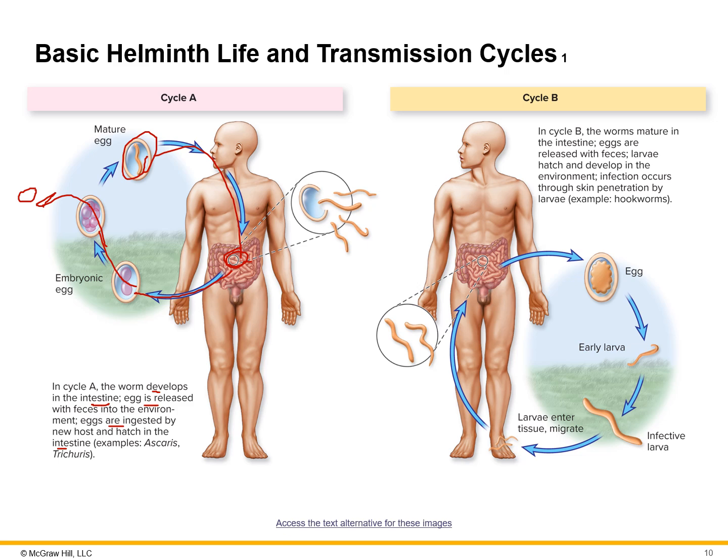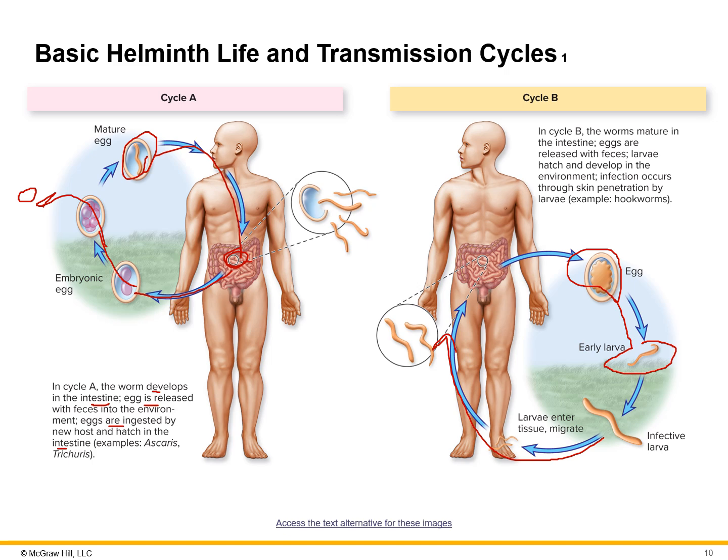In cycle B, we move into what's referred to as a larva state. So it's similar to A. The eggs get released into the feces, as we see here. But what's going to happen in the environment is they're going to start developing into a larva, and it's the larva that then gets ingested through the food or the water.